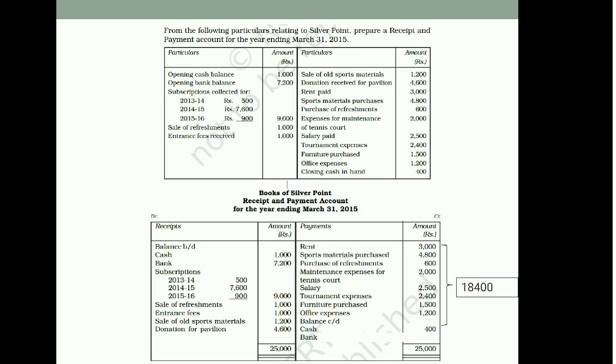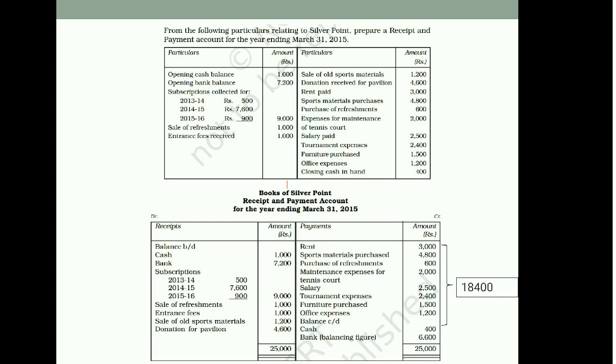But as the accountancy concept says that both the columns should be equal, the difference means 25,000 minus 18,400, like 600. I'm not sure whether it is 600. It should be 6,600, I think. Yeah, it is 6,600. It was my mistake. Don't worry.